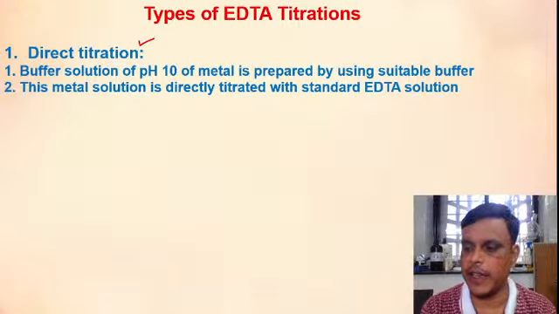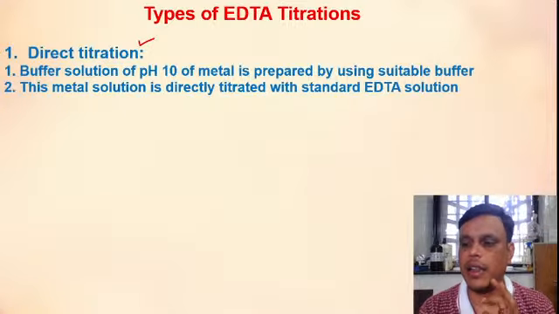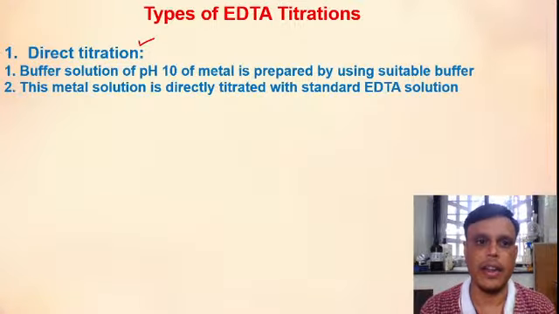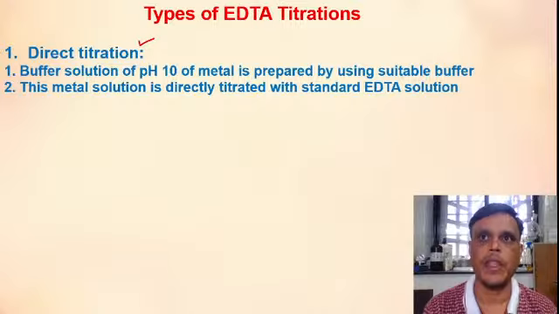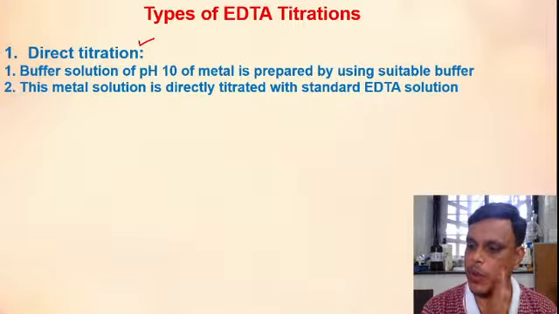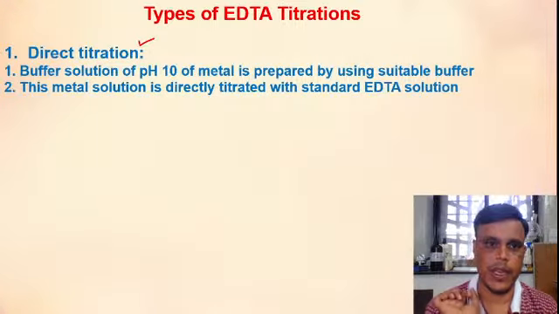As the name indicates, you can titrate the metal directly with EDTA. But the only condition is you have to maintain the pH, and for that you have to use a basic buffer which can maintain pH 10. Understood?